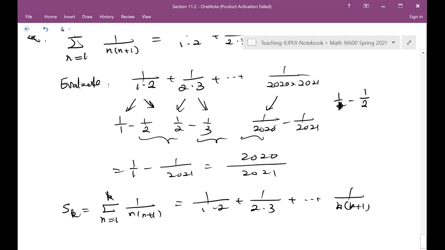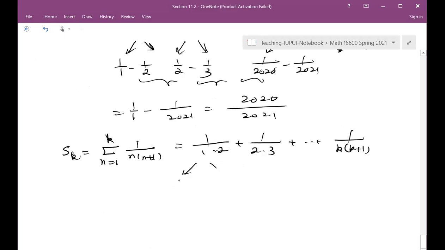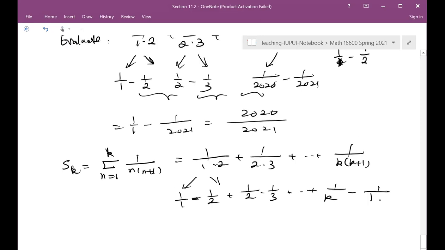So similarly, you can decompose each term into 2 terms. All the terms in the middle will be canceled out. They're all gone.